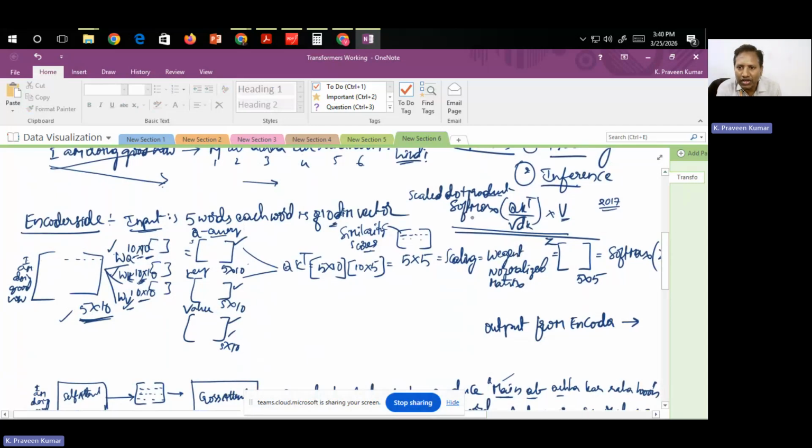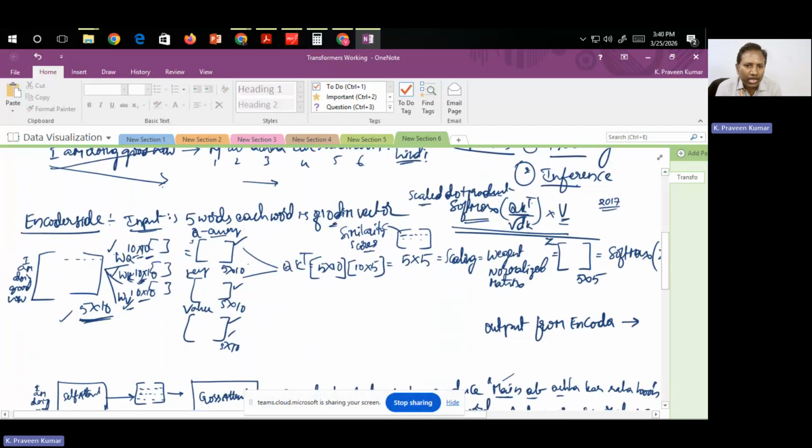This is the total formula: softmax of QK transpose divided by root of dk, into V. This is the self-attention formula, called scaled dot-product attention. Positional encoding and multi-head attention are small extensions to this, so nothing to worry about. This is the whole concept.